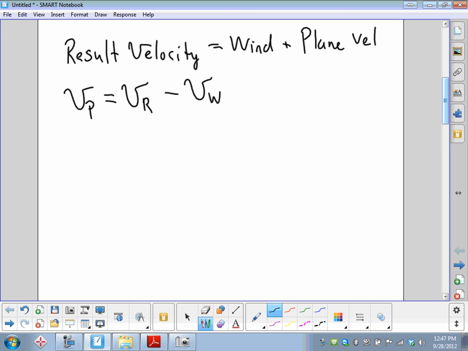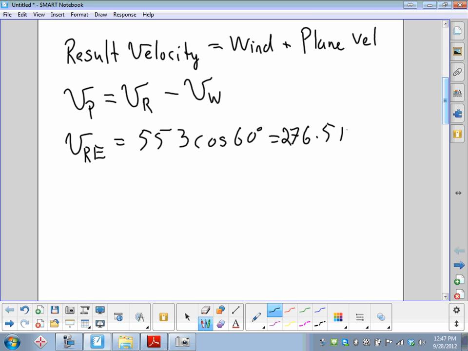So as always, we break up the resultant velocity to be its eastern component. That's going to be 553 cosine 60 degrees. And really quickly here, I'll calculate that. Comes out to be 276.5 kilometers an hour eastward.